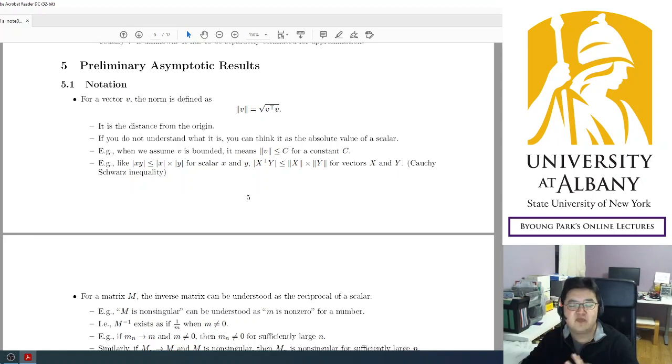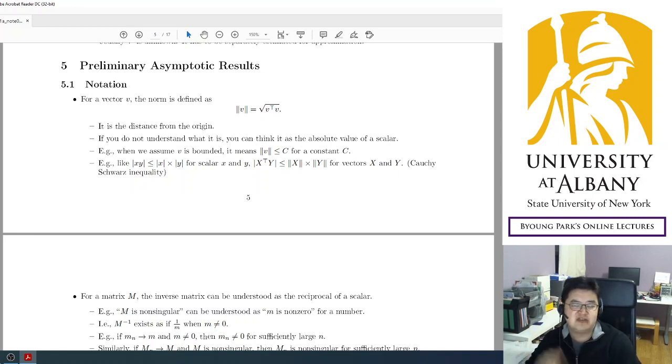From the sampling distribution, we can calculate the standard error, p-value, or confidence interval, and we can also show that your estimator is unbiased, consistent, and efficient, and that your hypothesis testing satisfies the size, and so on. All those things come from just one object, the sampling distribution of the estimator.